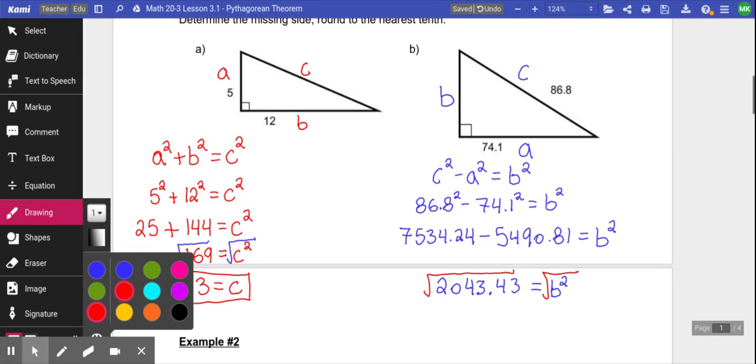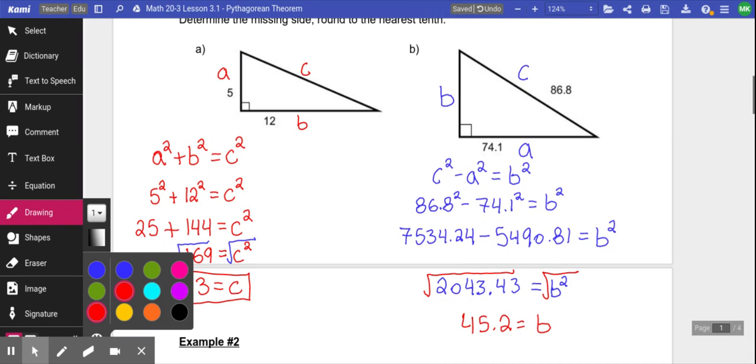For your calculator, you have to hit the second button right here, and then you'll see a little blue square root symbol on the left side where I'm pointing. On your phone, you have to tilt your phone sideways, and it should be there somewhere. And you get 45.2.